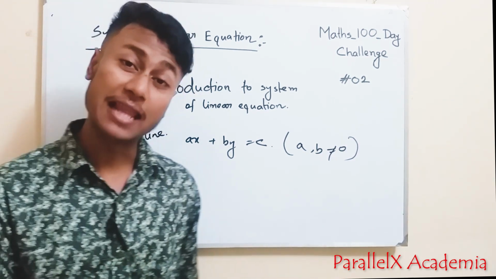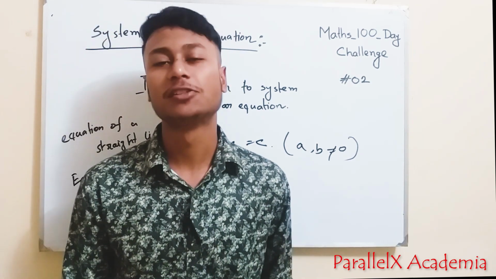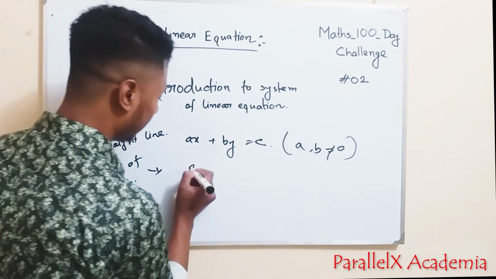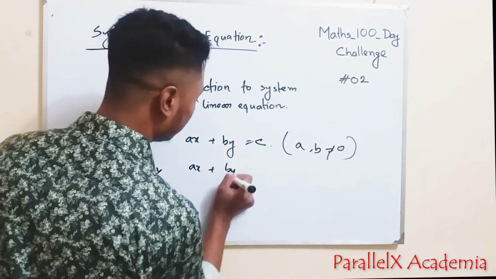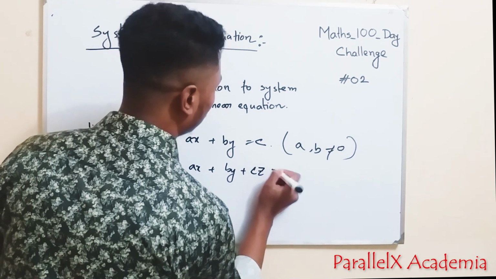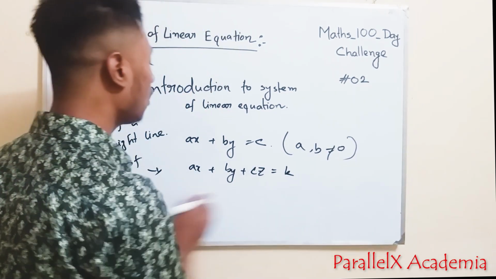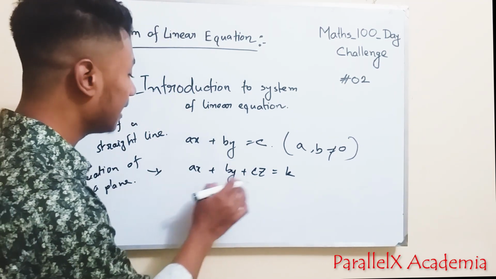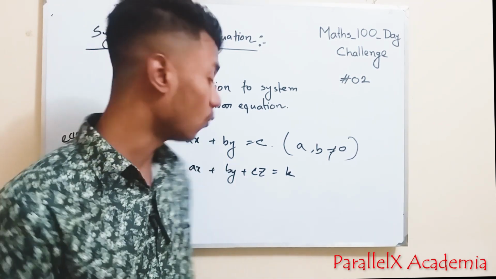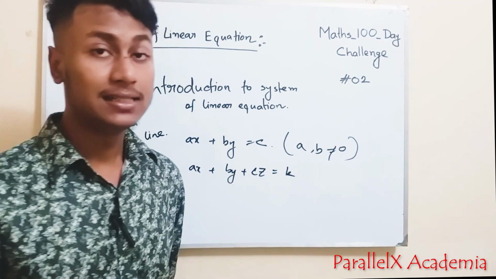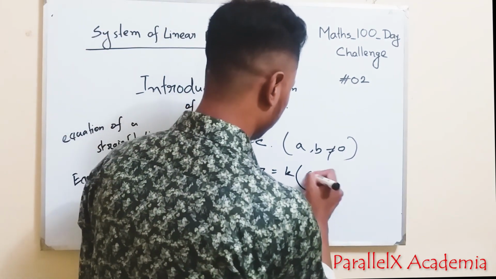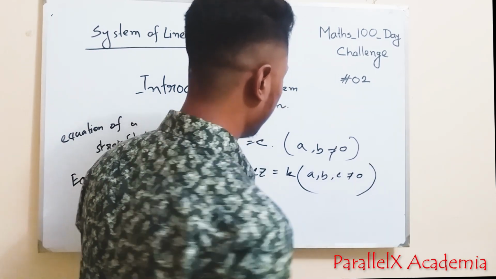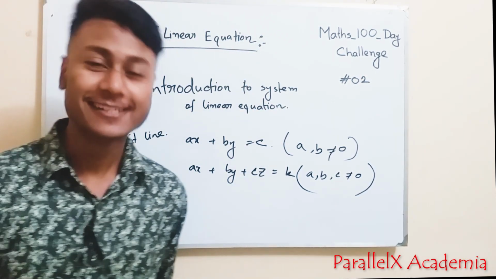But in the case of a plane, we have 3 dimensions, so that will be x, y, and z. So here is ax plus by plus cz equals k. Here k is a constant. a, b, c and k are constants, where a, b, and c cannot be equal to 0. And these are constants. Okay.